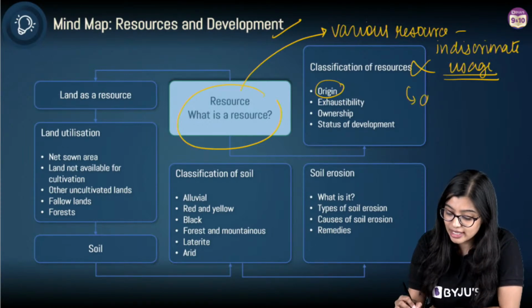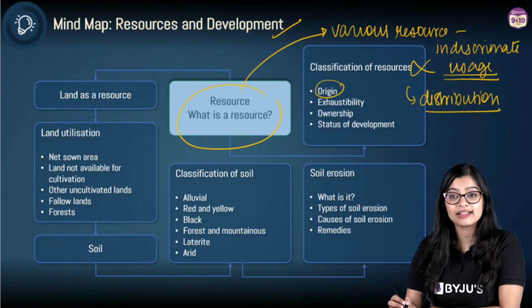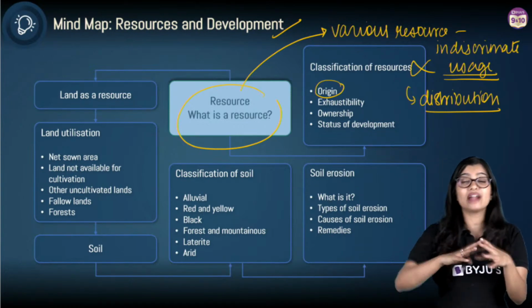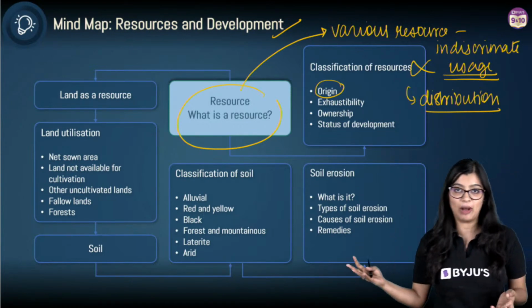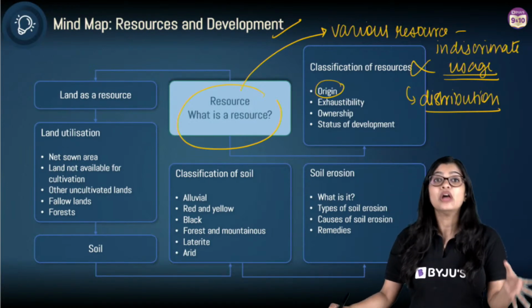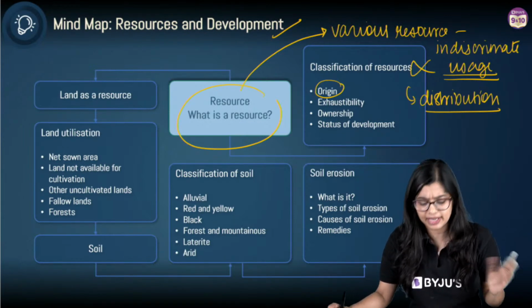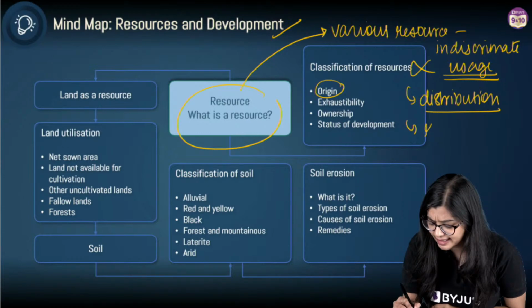And of course, we know that when it comes to distribution of resources, it is not uniformly distributed, but rather unequally distributed across different parts. Like in our country, some parts are richly supplied with some resources, like in the case of iron and so on, while some places don't have that, right? Which is why there is a need for resource planning.